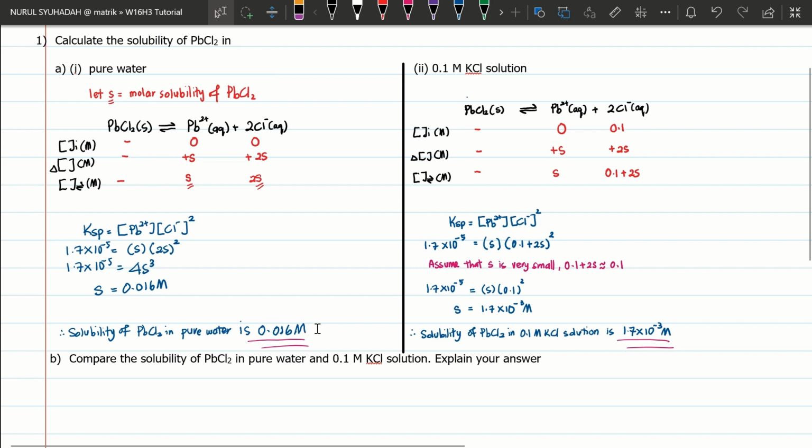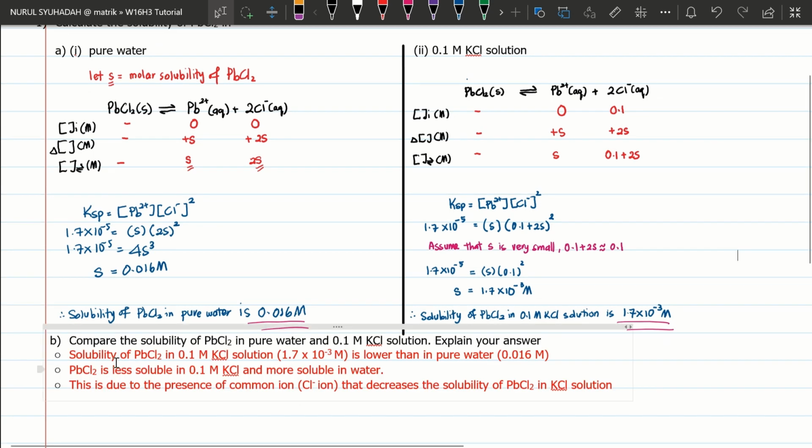Now, if you can look clearly here, PbCl2 is more soluble in pure water compared to in 0.1 molar KCl solution. Okay, sebab apa? Nilai solubility dia, concentration of the ions are higher. So meaning more PbCl2 is soluble inside pure water compared to this one. Okay, so how to explain your answer?